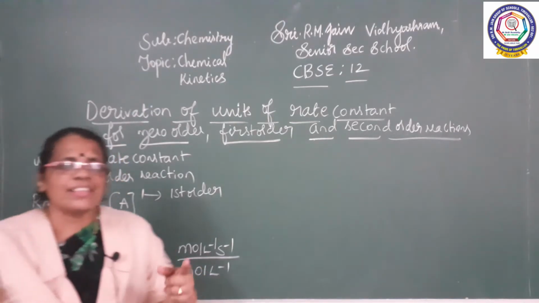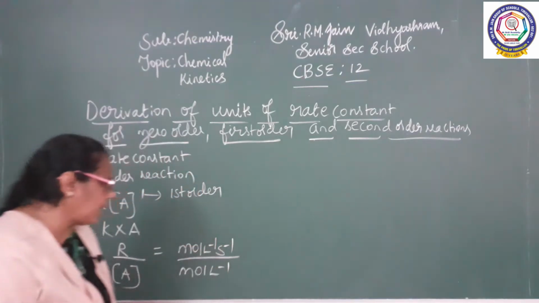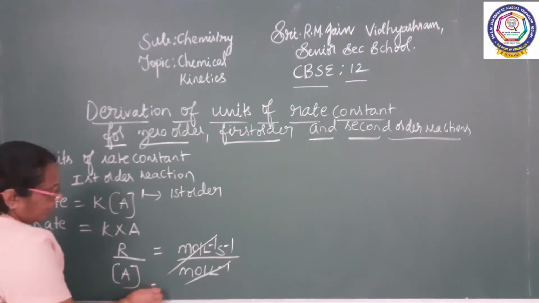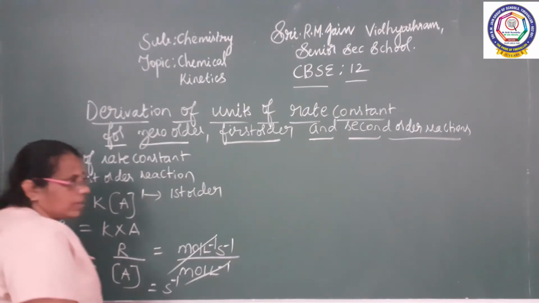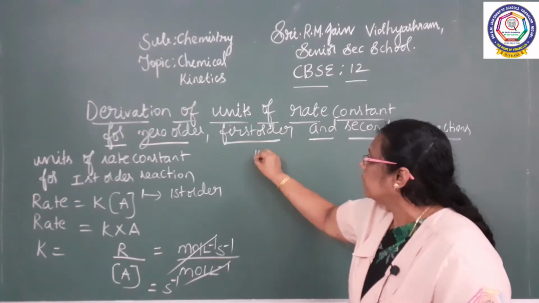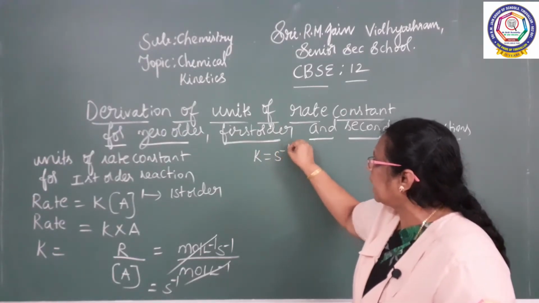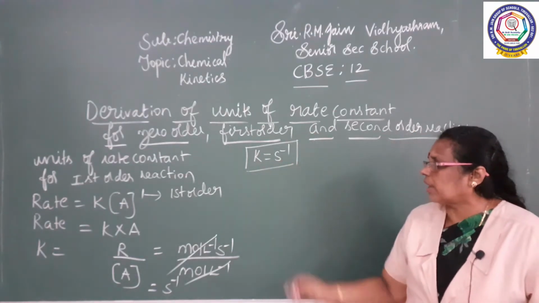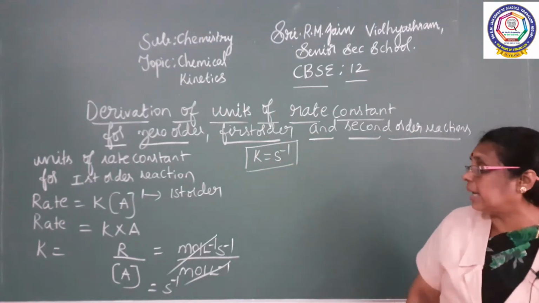Moles per liter gets cancelled. What is the unit here? Second inverse. So the rate constant of first order reaction K is equal to second inverse.